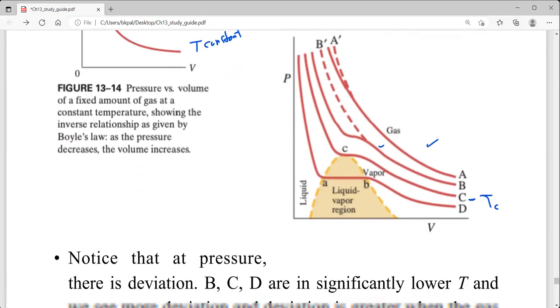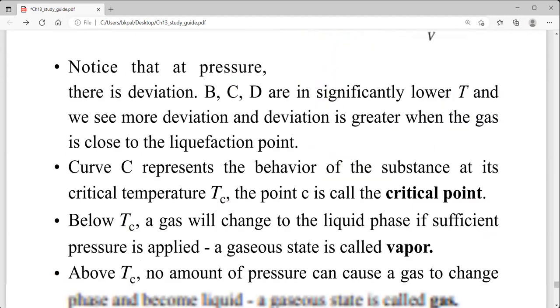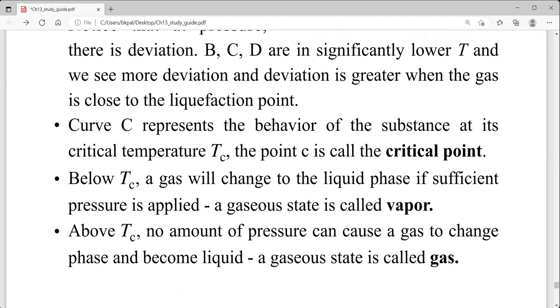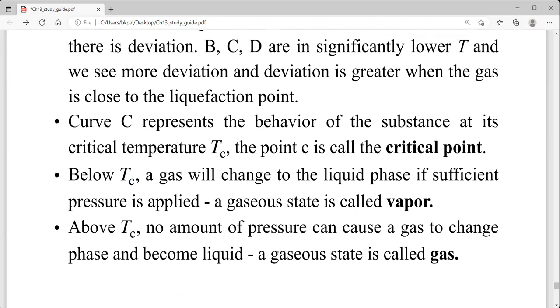There is another thing we need to understand here. The gaseous state has two names: one is vapor and another is gas. It's basically how far the temperature of the state is from the critical temperature.